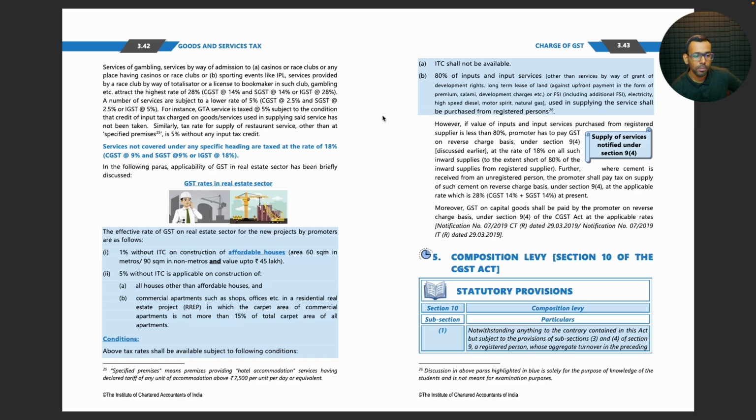In the following paragraphs, applicability of GST in real estate sector has been briefly discussed.